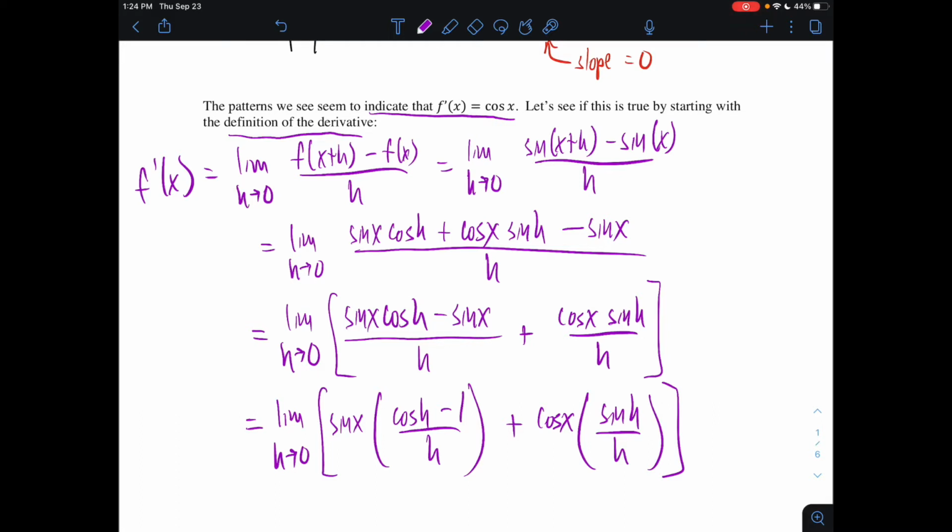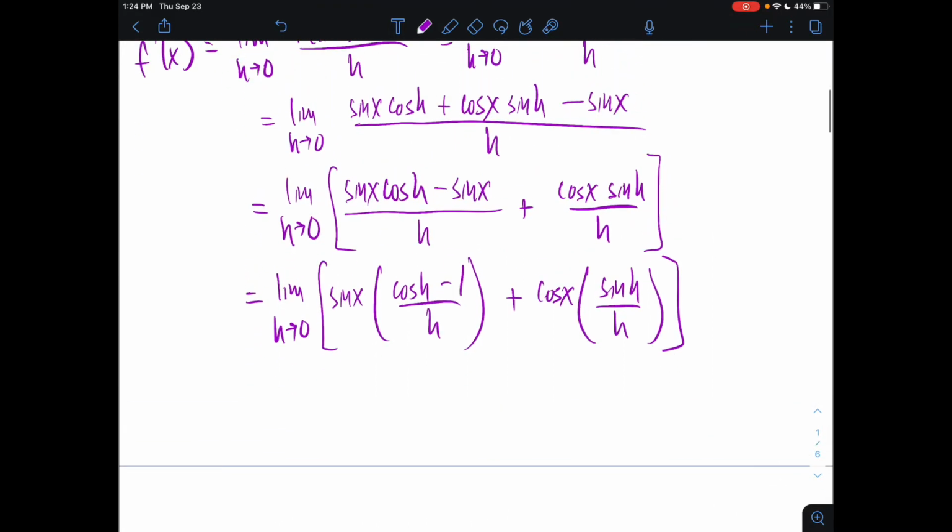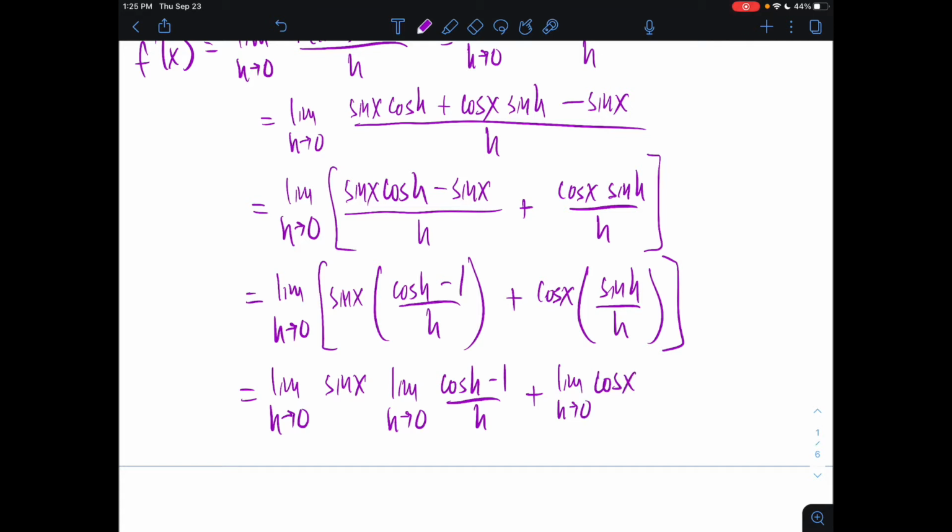And then I'm just going to use a limit law, essentially just distributing the limit throughout the product and the sum. So I'm going to have the limit as h approaches 0 of sine x times the limit as h approaches 0 of cosine h minus 1 divided by h, plus the limit as h approaches 0 of cosine x times the limit as h approaches 0 of sine h over h.